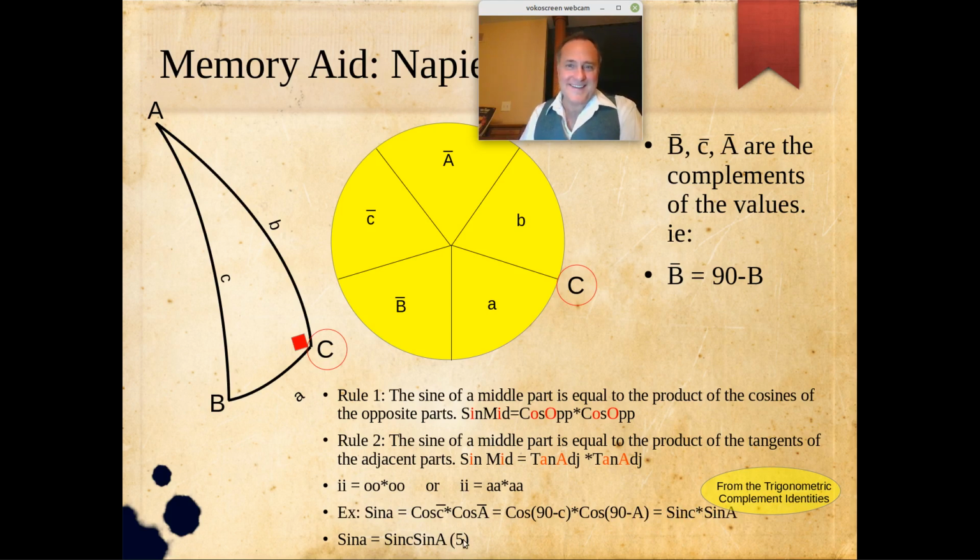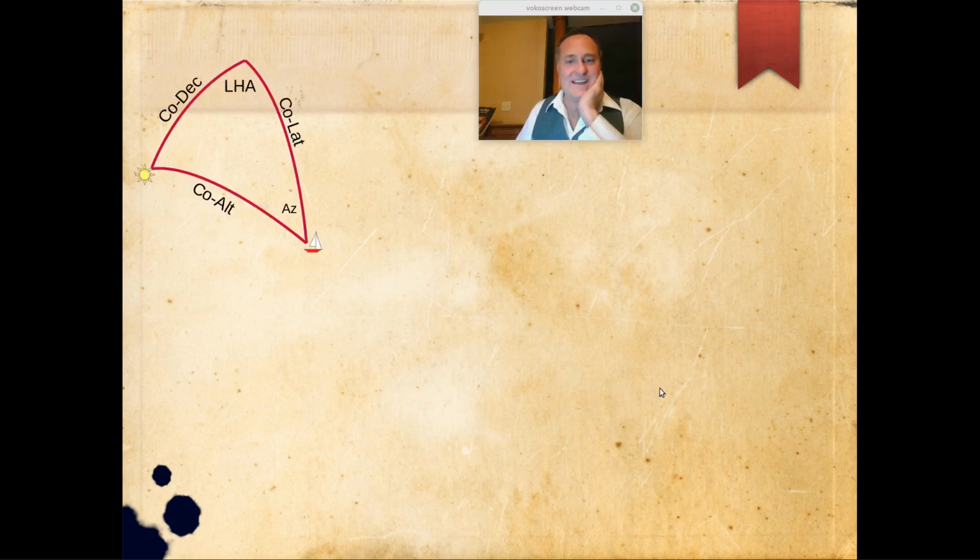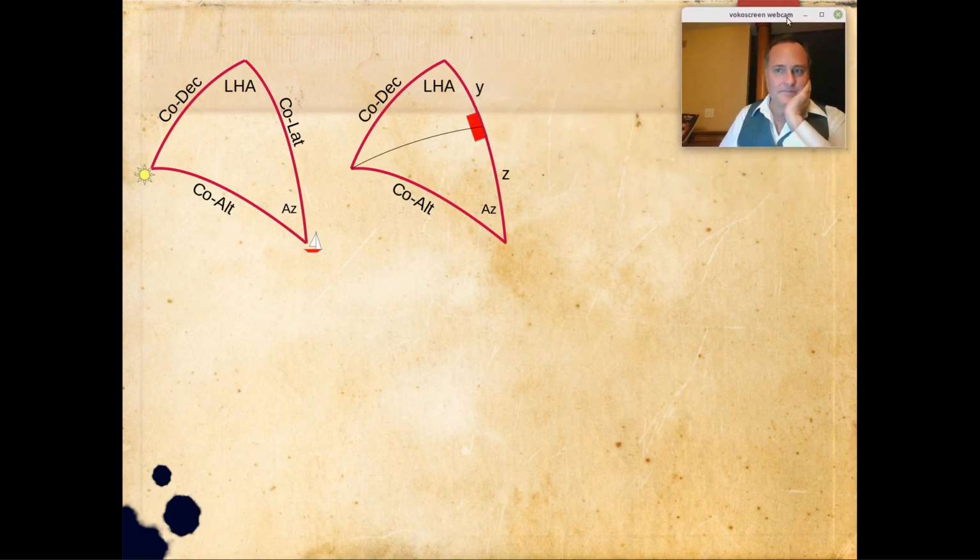If we keep going and do all of the rules for all of the parts, we will recover 2 equations for each part, and that's a total of 10. So we can recover all of the identities. Now, I'm going to show you how we can think about the navigational triangle in a different way. The navigational triangle, of course, is not in general a right triangle. The right triangle is kind of a trivial solution.